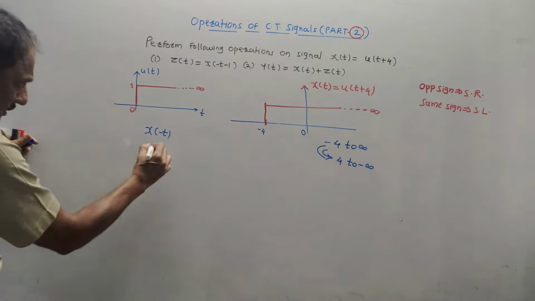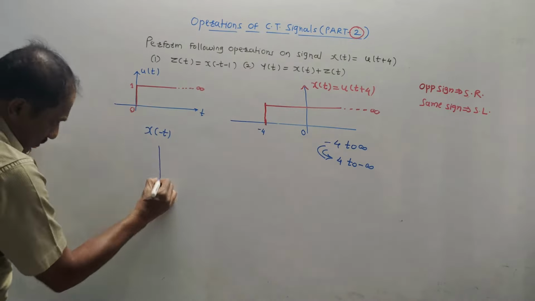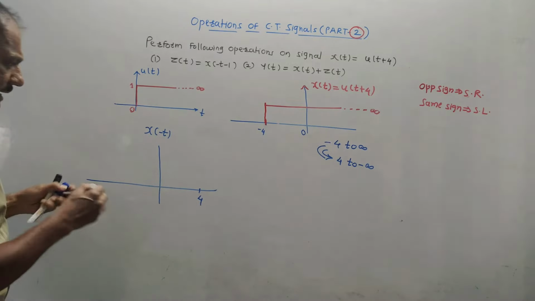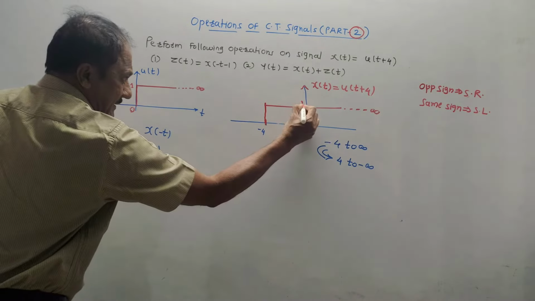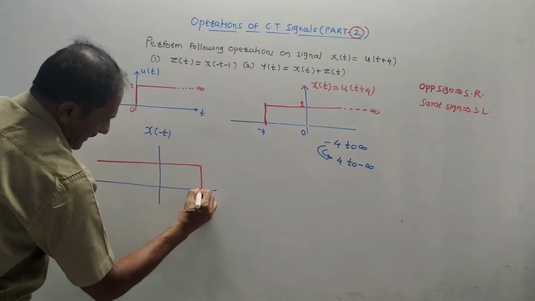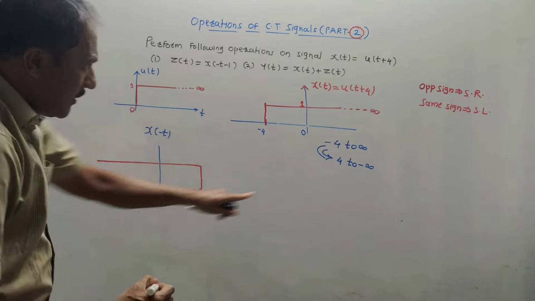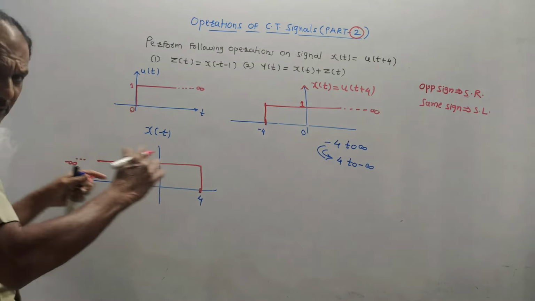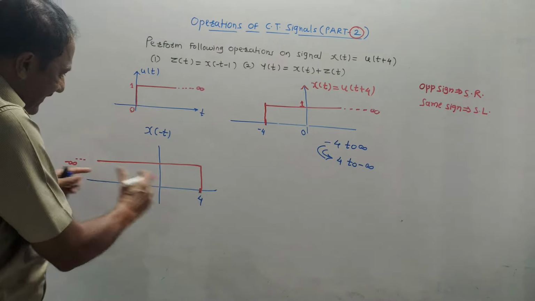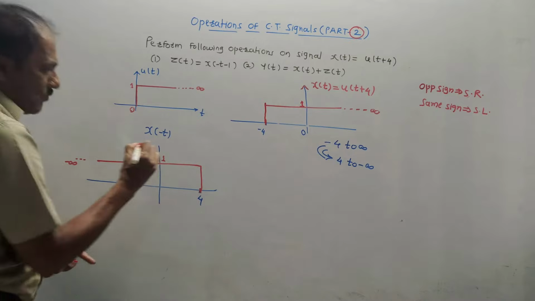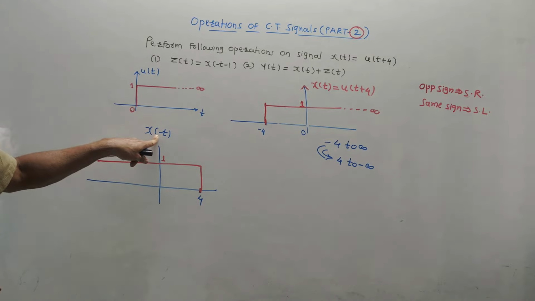So let us draw the diagram of x of minus t, which will be from 4 to minus infinity. Say this is the reading of 4. So the diagram will be like this. Amplitude remains unchanged, which is 1. So new diagram of x of minus t will be from 4 to minus infinity. Rather, minus infinity to 4, because our rule is start reading the diagram from left to right. So I will say minus infinity to 4. Amplitude is 1. This is the diagram of x of minus t.